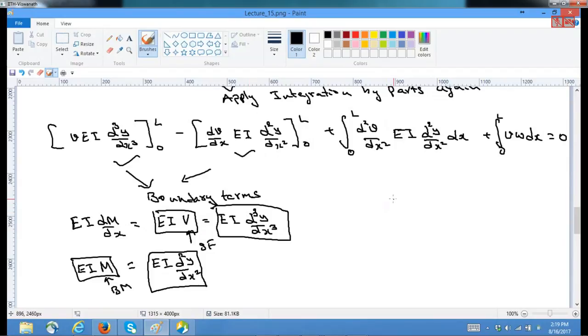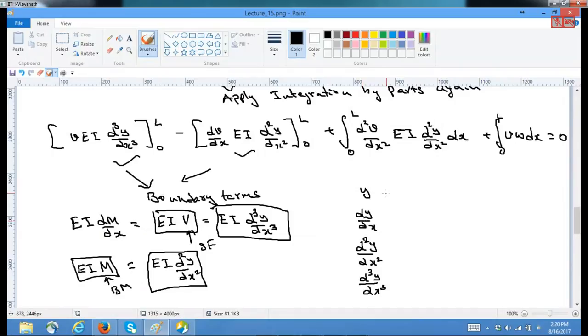So anyway, what are the boundary conditions for a beam? If you consider a beam, you can mention y, you can mention dy by dx, you can mention d square y by dx square, you can mention d cube y by dx cube.